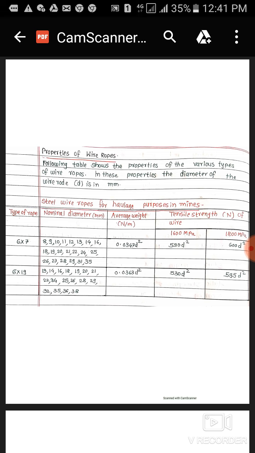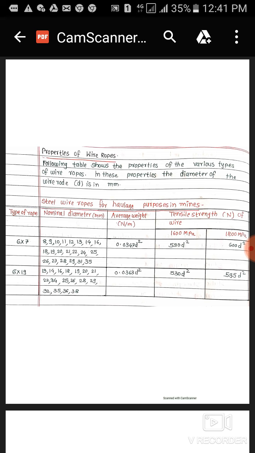If we see the nominal diameter for 6 by 7 rope, the nominal diameter becomes 8 mm, 9, 10, 11, 12, 13, 14, 16, 18, 19, 20, 21, 22, 24, 25, 26, 27, 28, 29, 31 and 35.